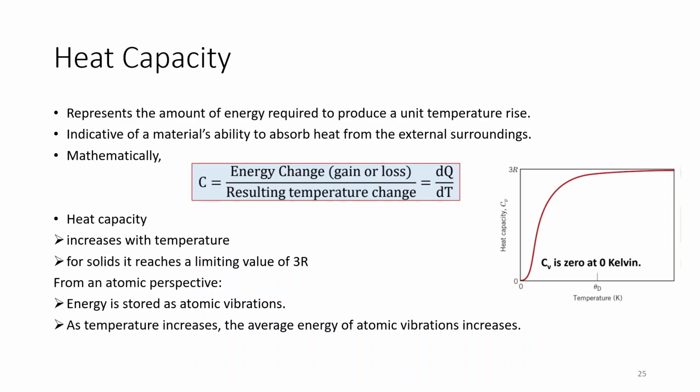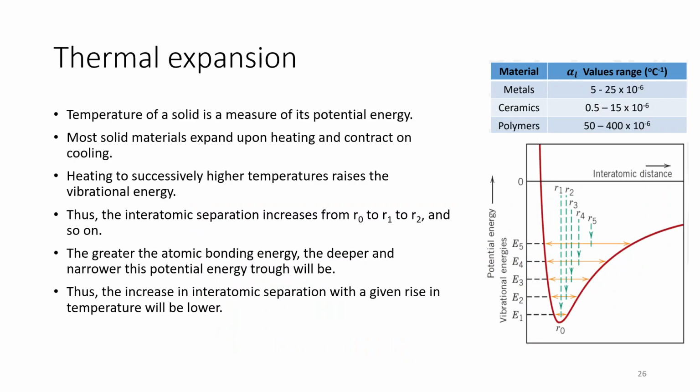Heat capacity increases with temperature, and for solids it reaches a limiting value of 3R. From an atomic perspective, energy is stored as atomic vibrations, and as temperature increases, the average energy of atomic vibration also increases. Next is thermal expansion.